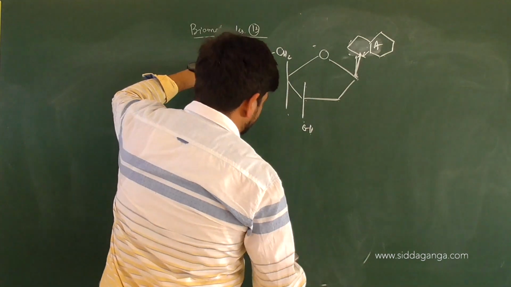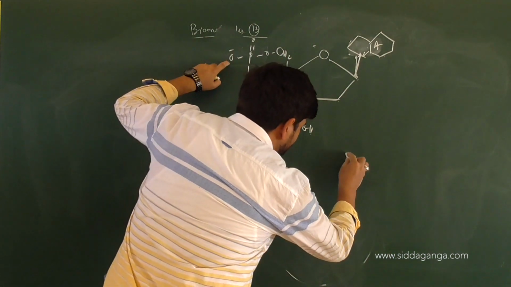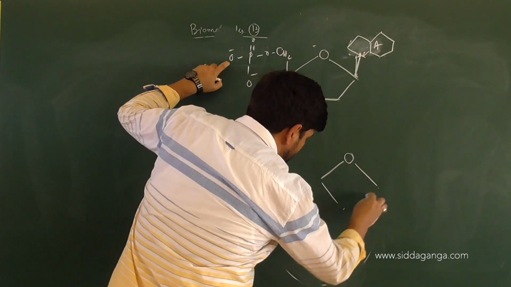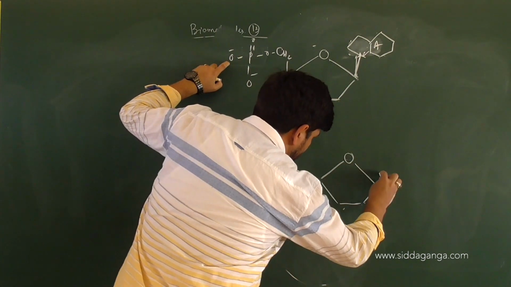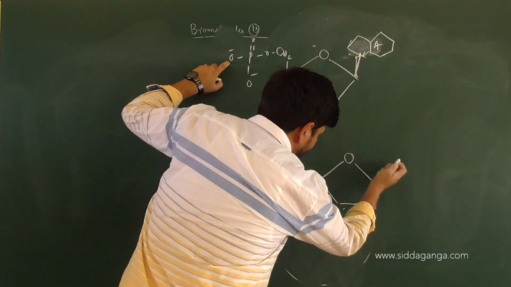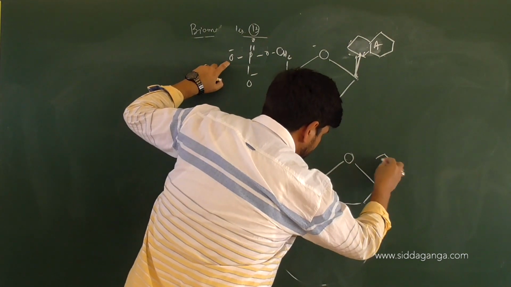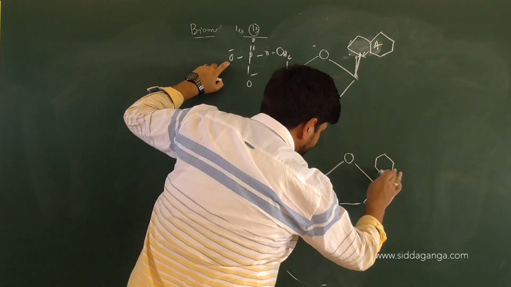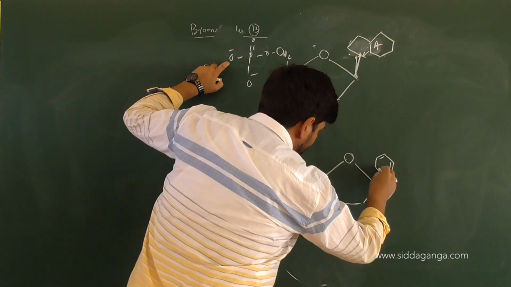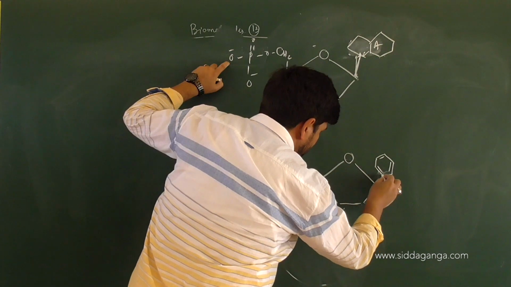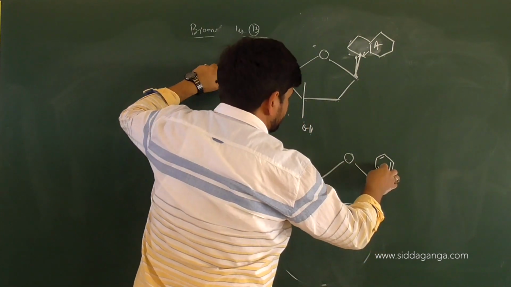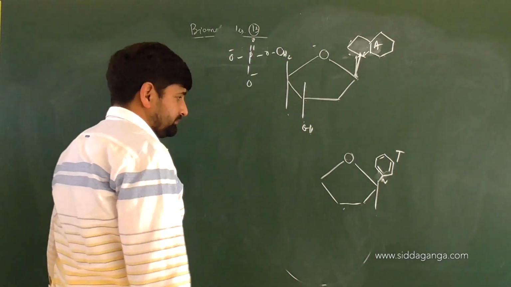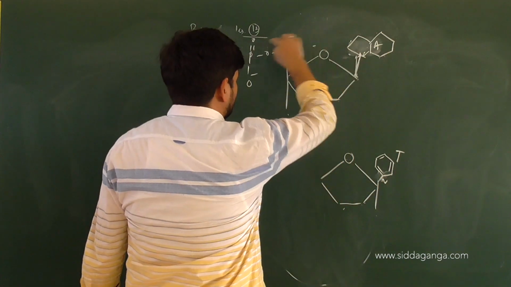Here what I got is, on the next unit, suppose now I have a purine base, nitrogen, linked directly to this. Suppose this is thymine. It becomes adenosine monophosphate.